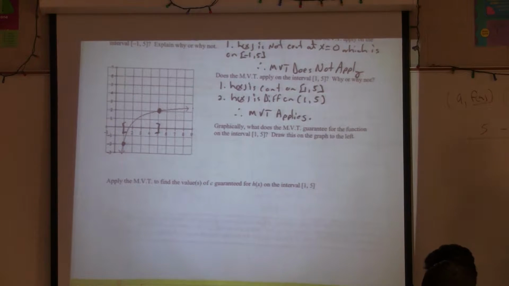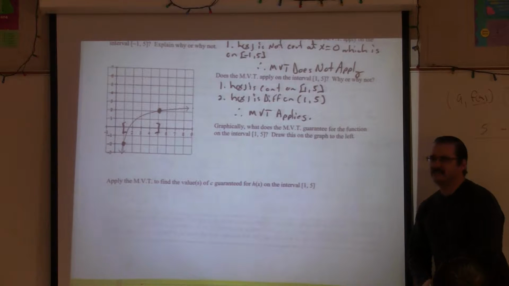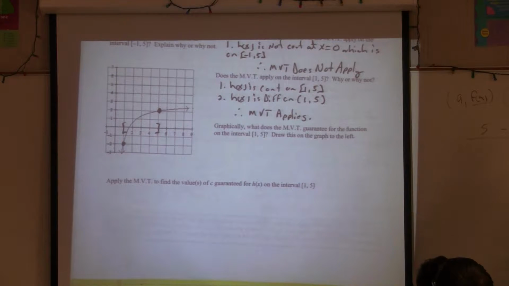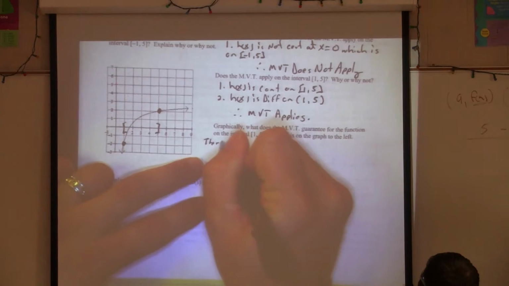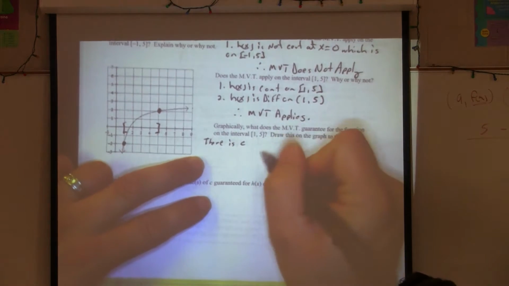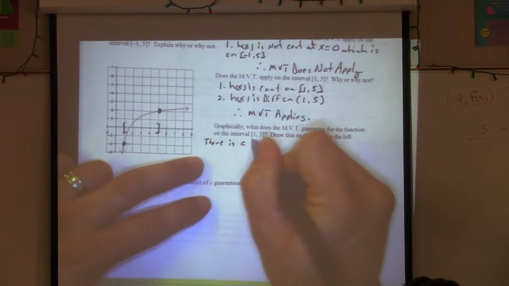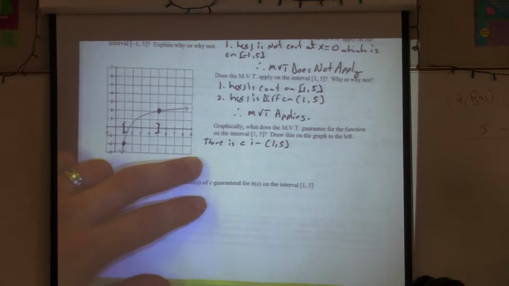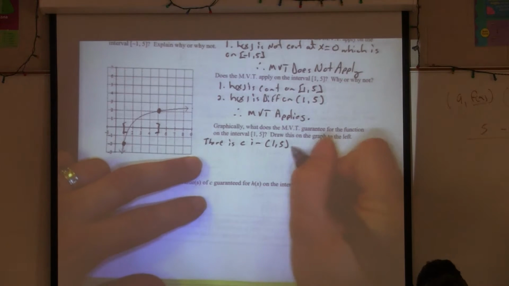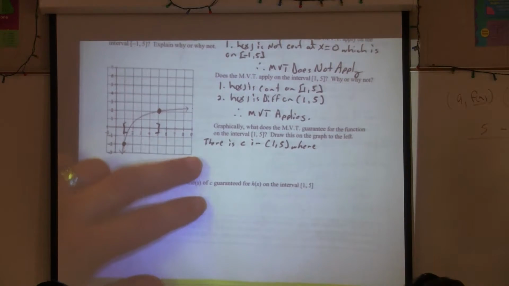What's guaranteed? Something is guaranteed. There is a C in the open interval 1 to 5, where what happens?